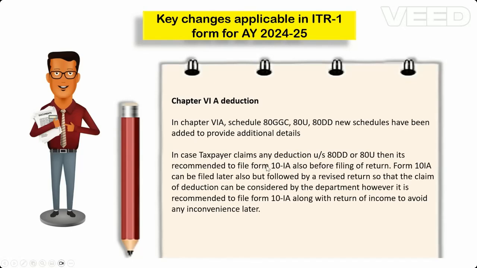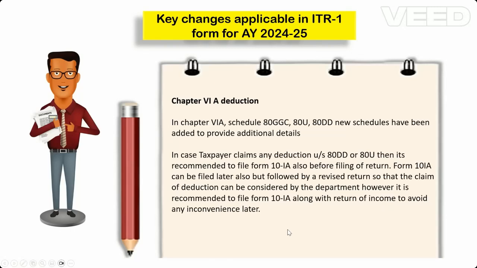They can claim this deduction, and they have to file Form 10-IA also. This form can be filed later, followed by a revised return, so that the claimed deduction can be considered by the department. However, it is recommended to file it along with the return.